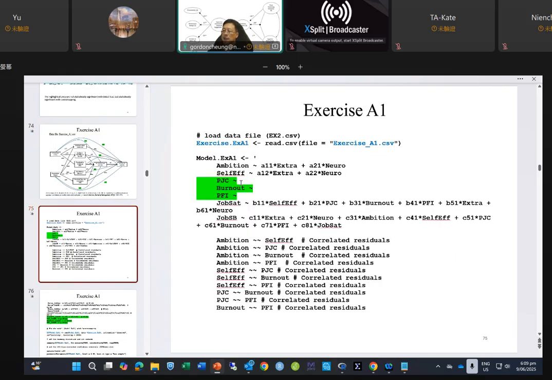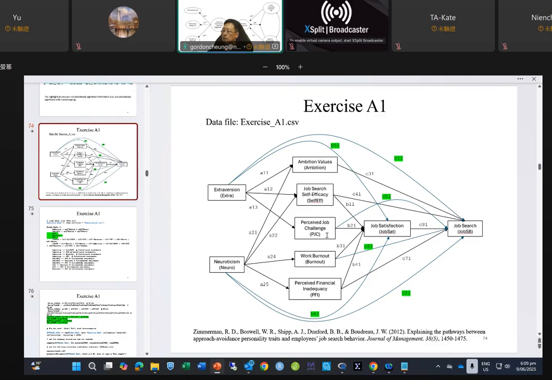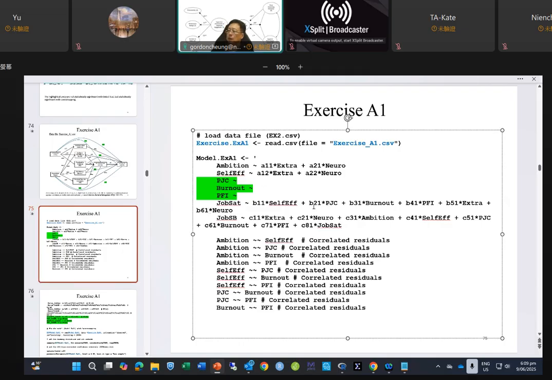Now, PJC, perceived job challenge. You will see that there's only one path coming into perceived job challenge. It's A13 times extra. So you need to complete this as A13 times extra. Do you all see what I am doing here?